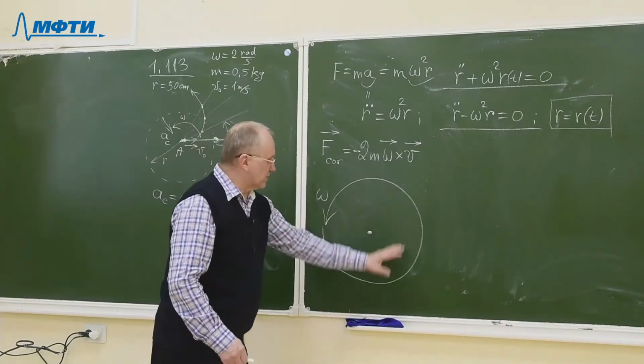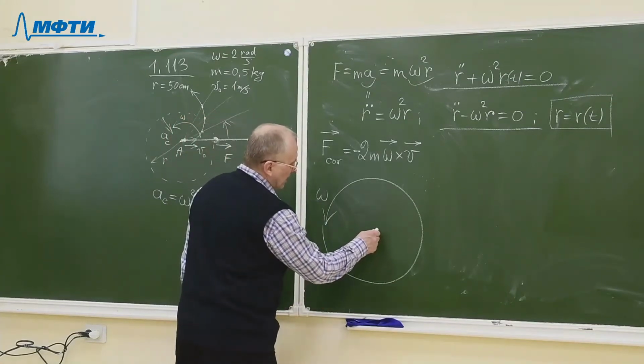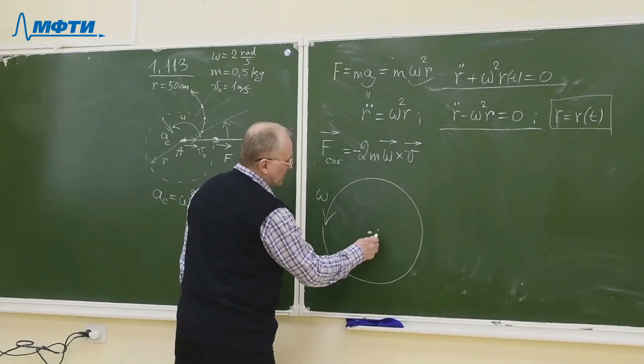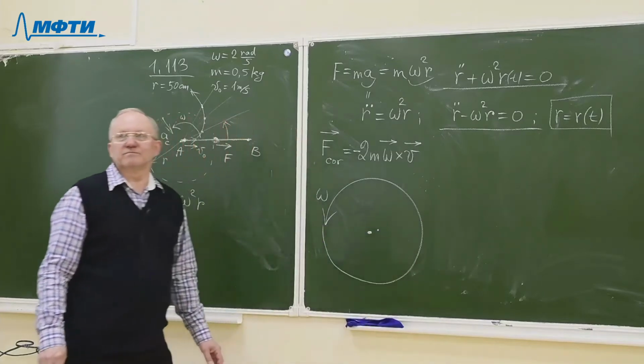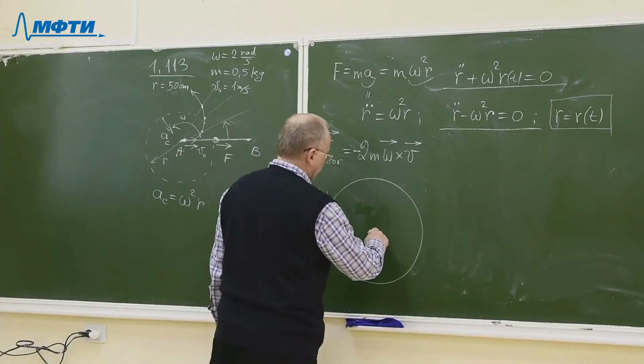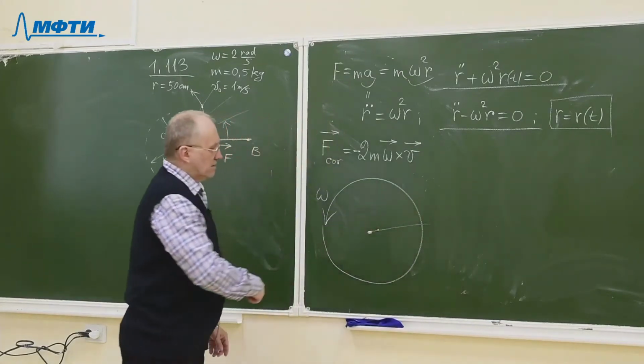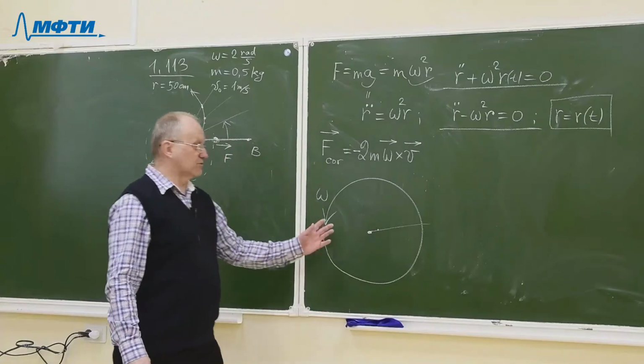Such a disk is rotating and you are sitting here, and you let a small object slide along the disk. You just release it and the object may slide away without friction.